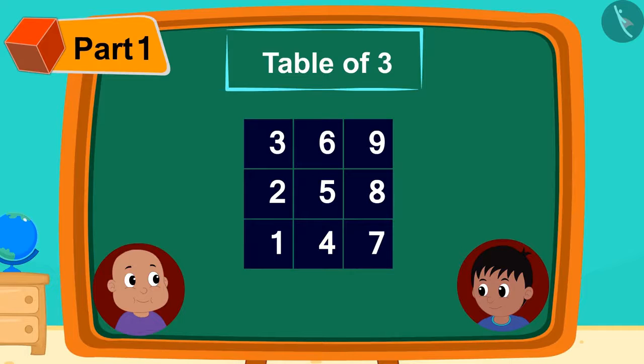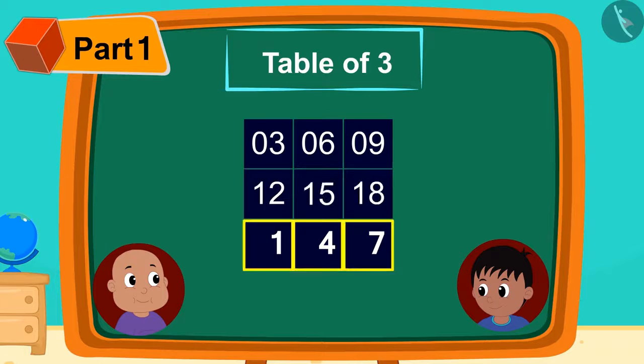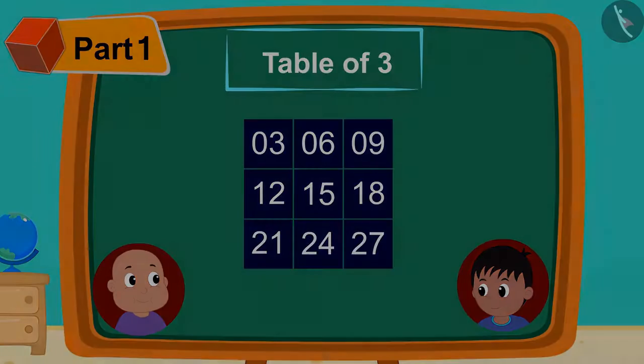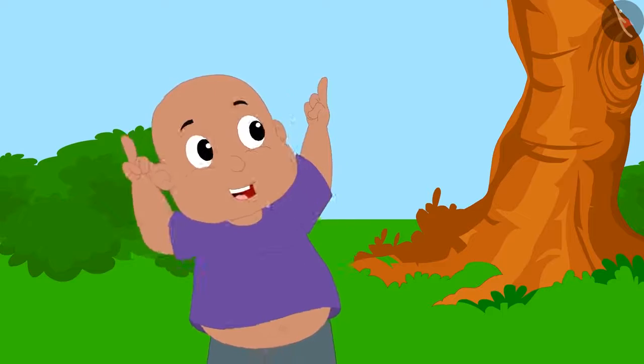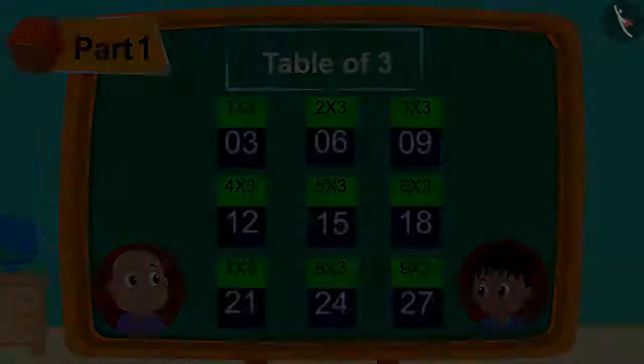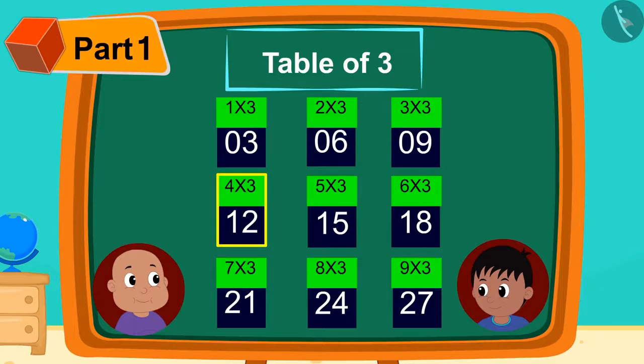Raju wrote 0 in front of the digits in the first line, 1 next to the second line digits, and 2 next to the digits of the third line. Bablu started dancing happily. Do you know why? Because he could see the table of 3 here.